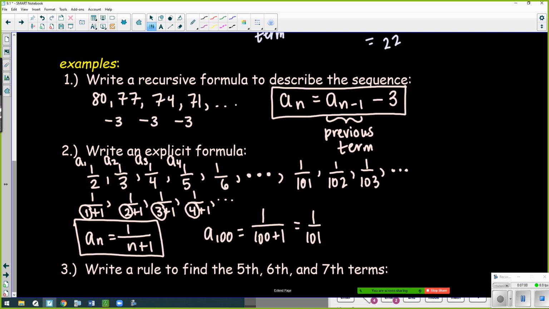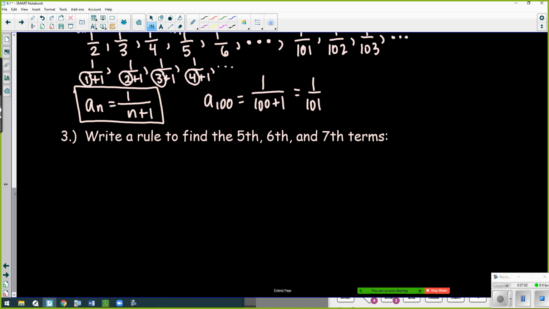All right, last example. Let's take a look at writing a rule to find the 5th, 6th, and 7th terms of the sequence that is defined as a sub n is equal to the quantity n plus 1, squared. So I want the 5th term, so a sub 5. I want a sub 6, and then I want a sub 7.